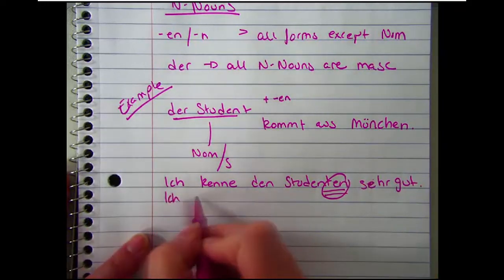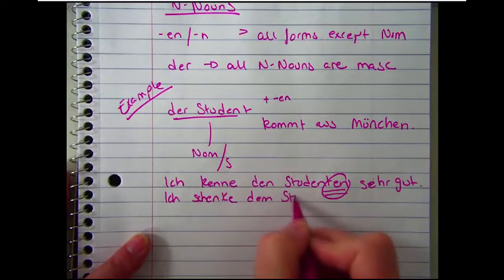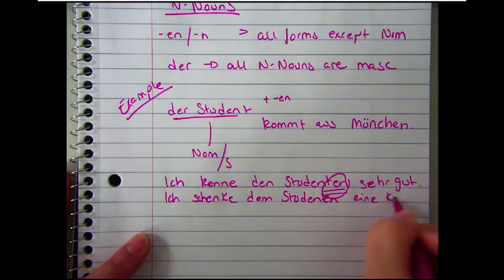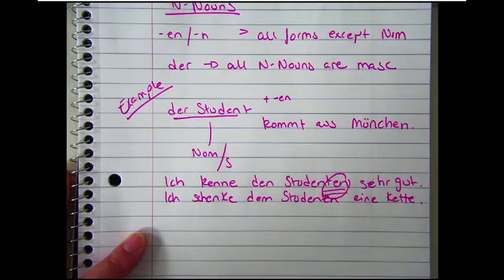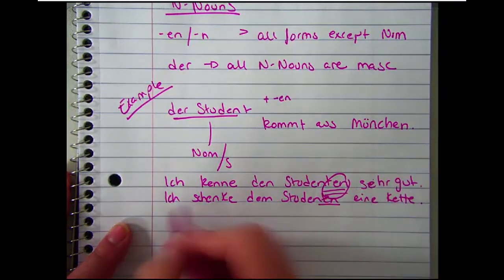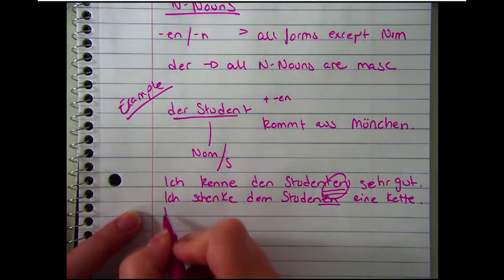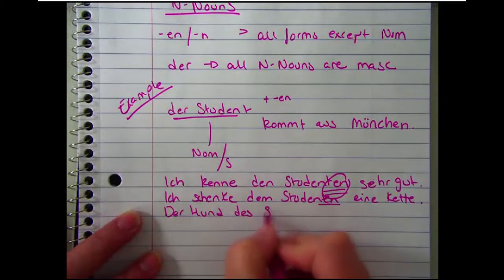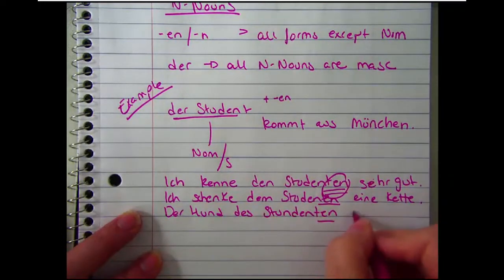Ich schenke dem Studenten eine Kette. I'm gifting the student a necklace. So again, we've got that extra en. And last but not least, der Hund des Studenten, there's my genitive form, ist lieb.